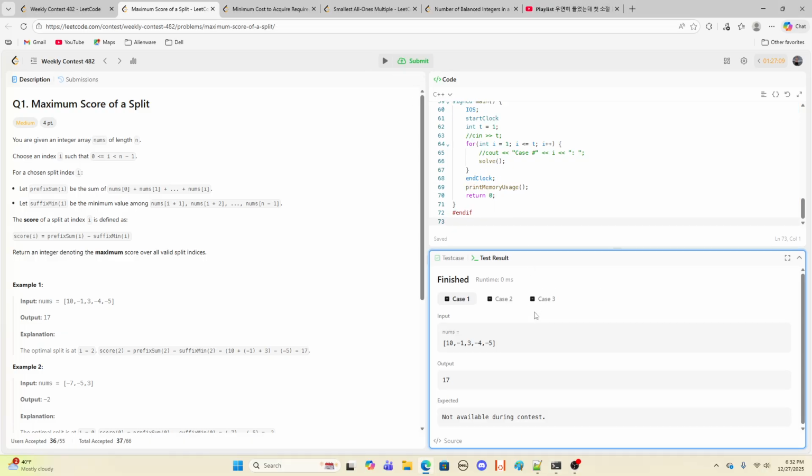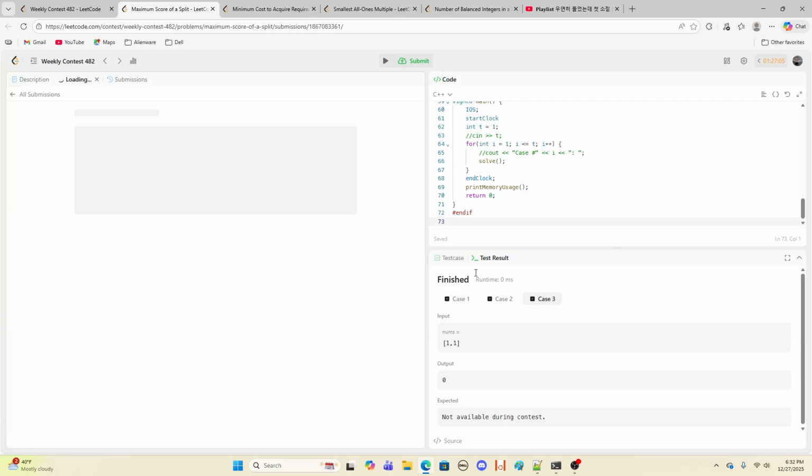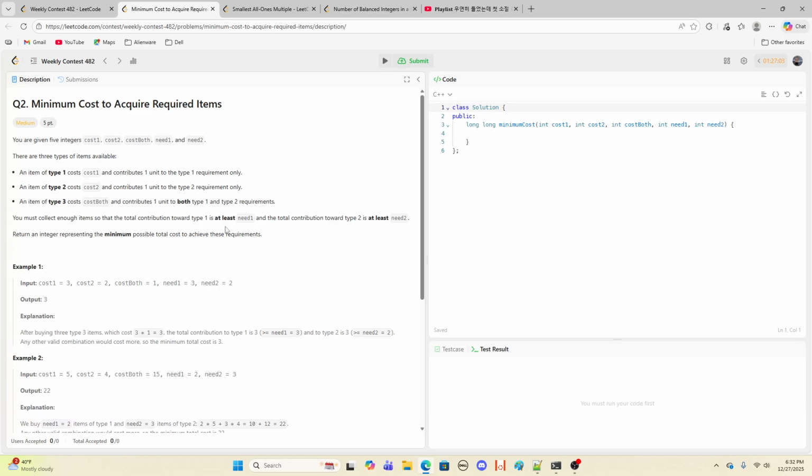Okay. Plus 1, 2, both need 1, need 2. Cost both.